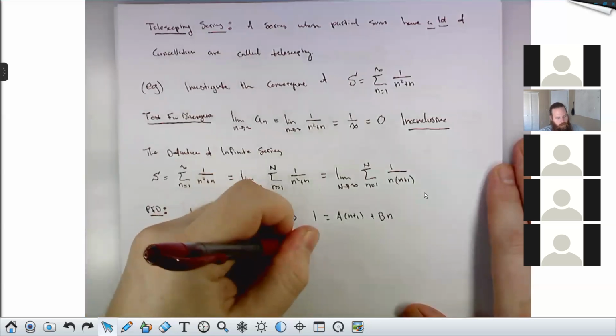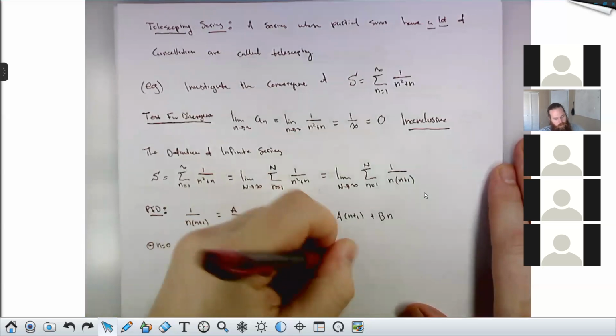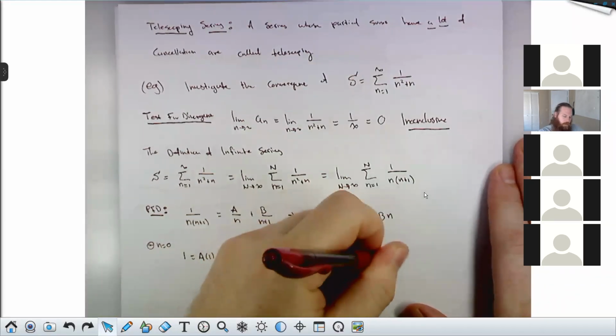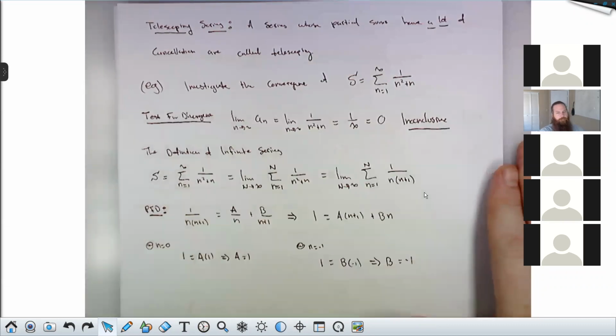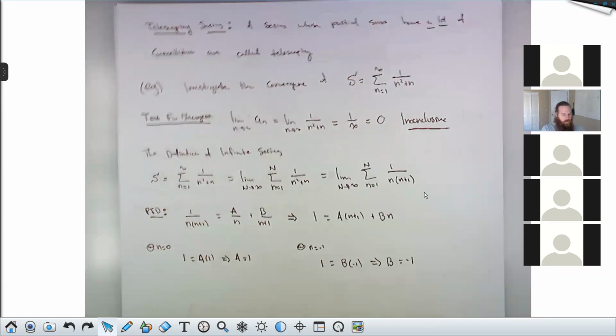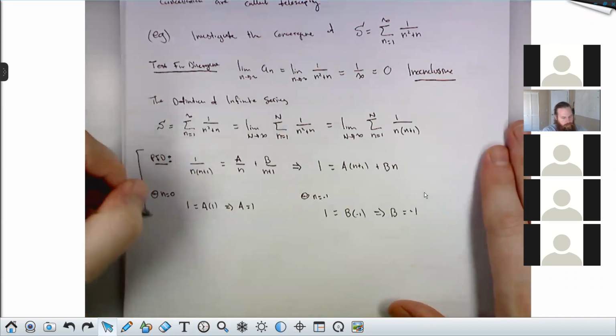And if you evaluate that at n equals -1, you get 1 equals B times -1, which means B is -1. So here's all my partial fractions work.